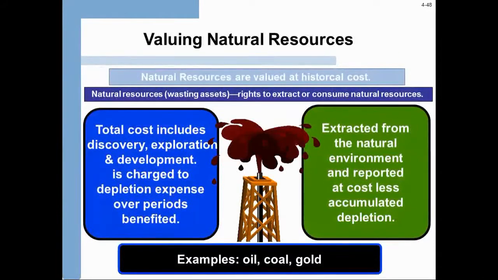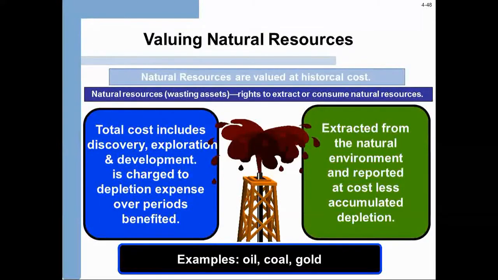Then comes valuing the natural resources, which we call depletion. And in this, whenever we calculate the value of the natural resources, the value of the natural resources is recorded at the total cost plus the exploration cost plus all those costs which were incurred in order to make the natural resource available for us.